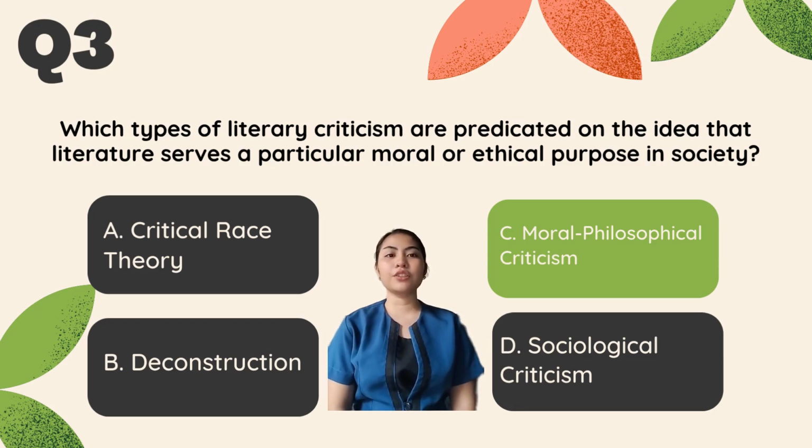For our correct answer, letter C, moral philosophical criticism serves a particular moral or ethical purpose in society. For letter D, sociological criticism considers the political and social viewpoint of the author or characters within the text.